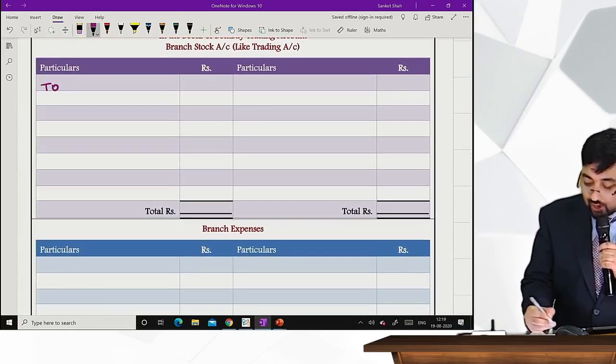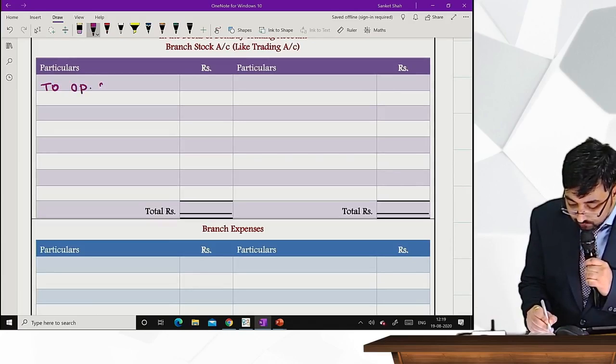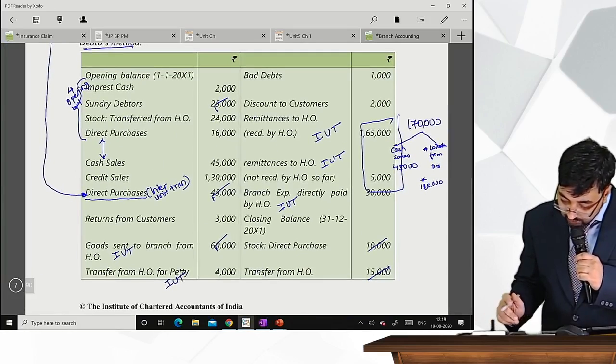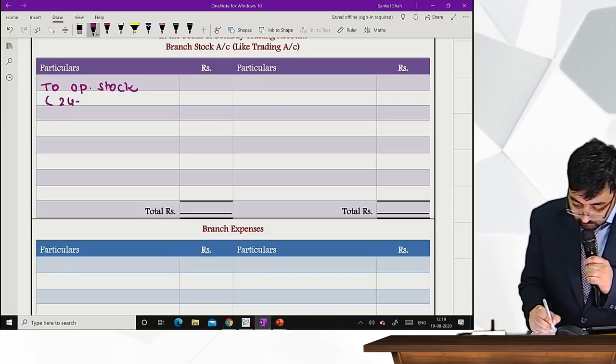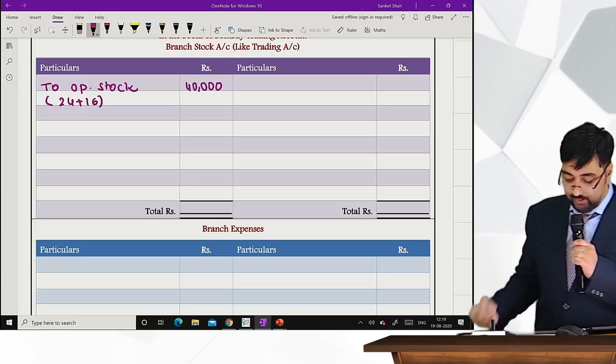Now stock, you have 2 types of stock, correct? 2 opening stocks, and I will write here the total of this. What is the total? 24,000 and 16,000, 40,000. Okay.